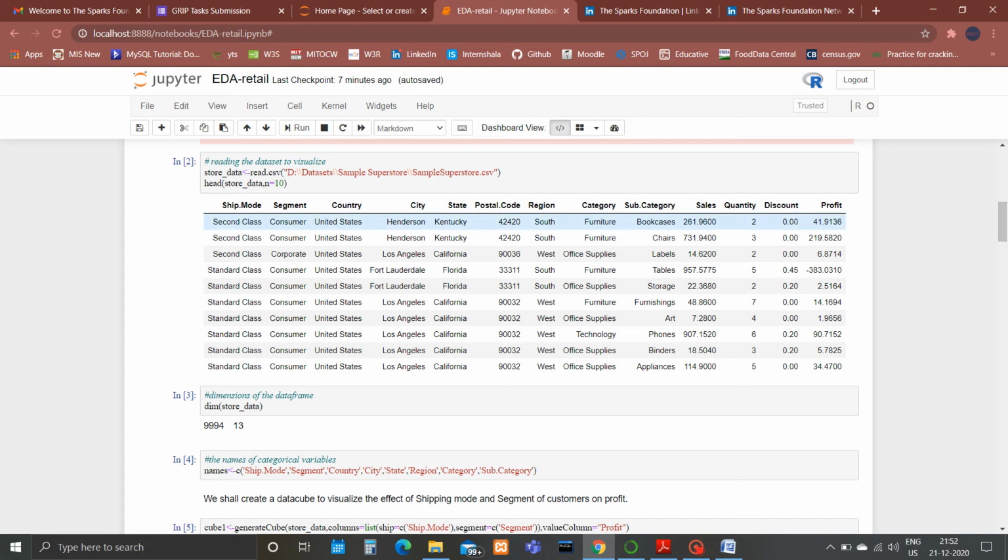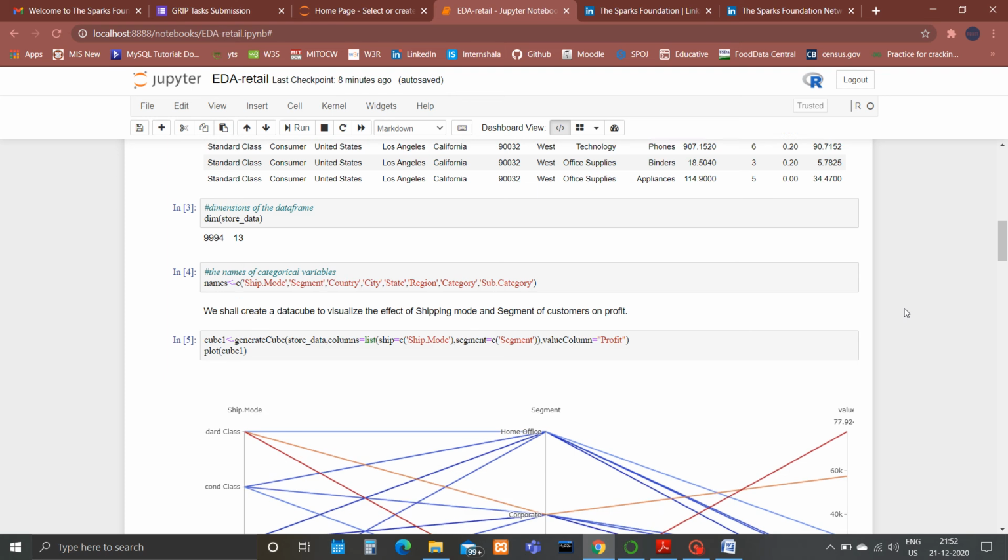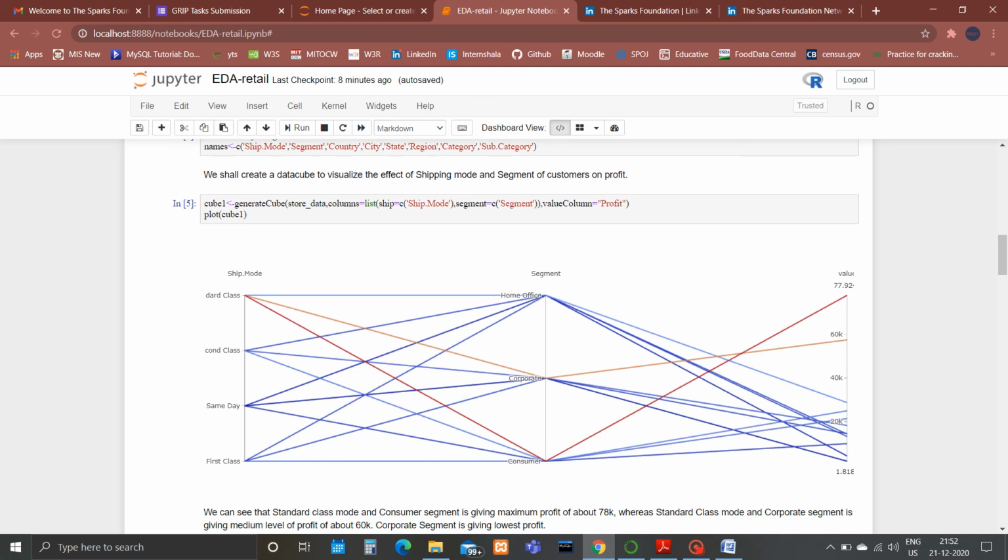But that will be too large, so I am making more than one cube for different attributes, so that the different queries can be answered. This is the first cube that I am creating, using the ship mode and the segment, and the sale value will be profit.